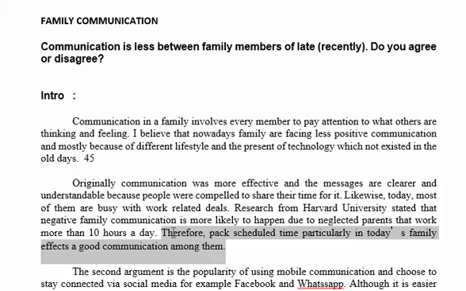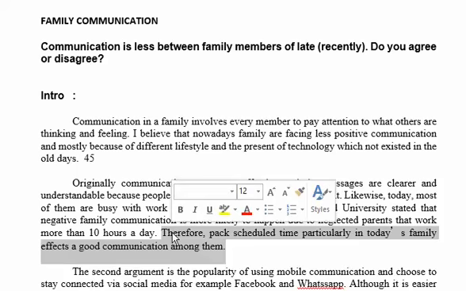Okay, and your concluding sentence, I'd again simplify and say, therefore, because of changes in our professional work lives, family communication has decreased.